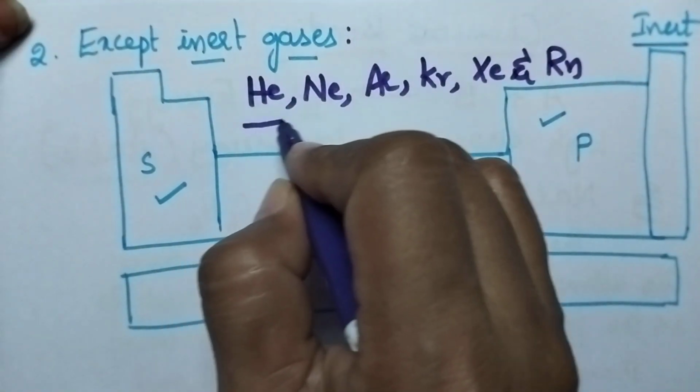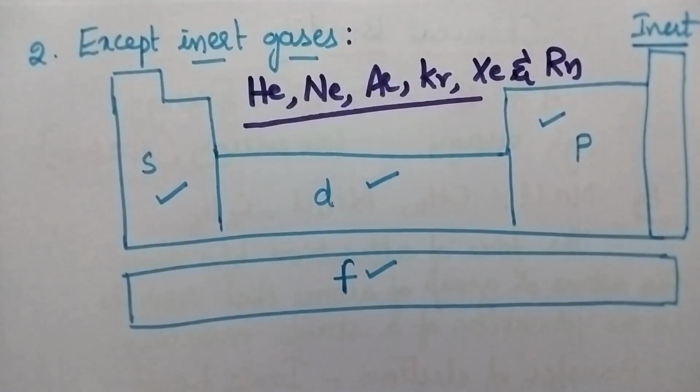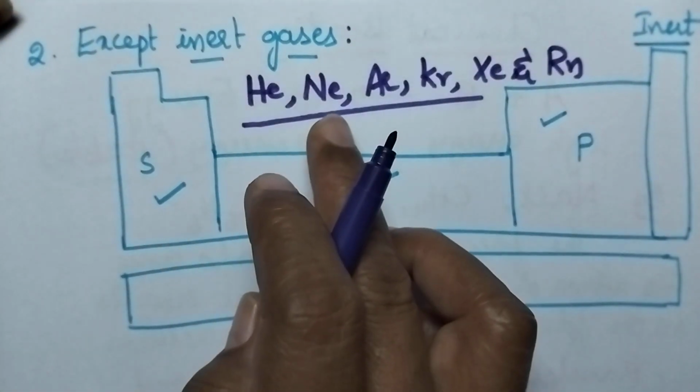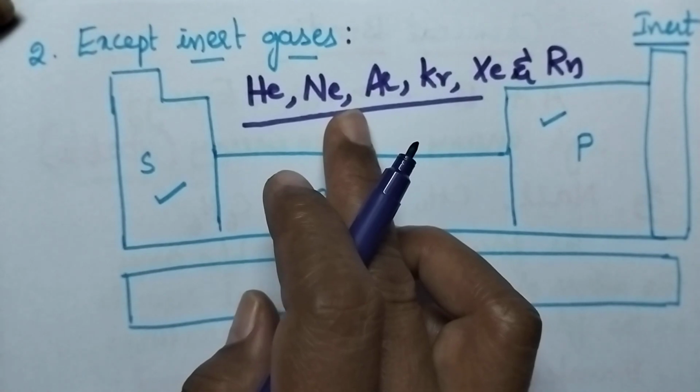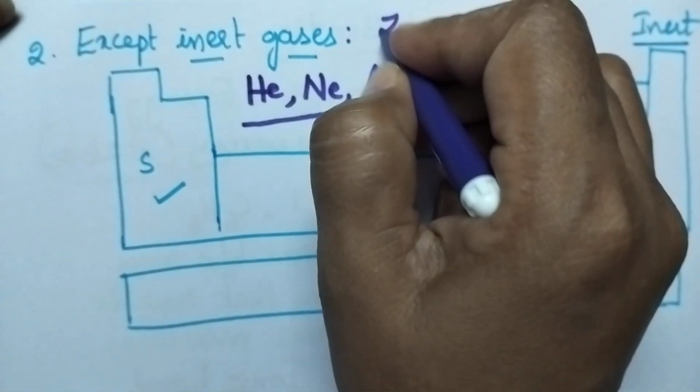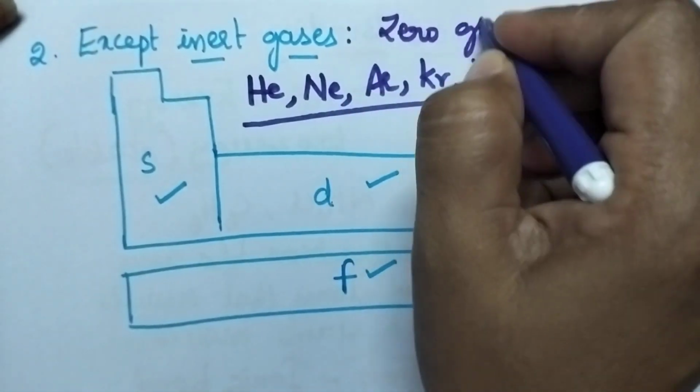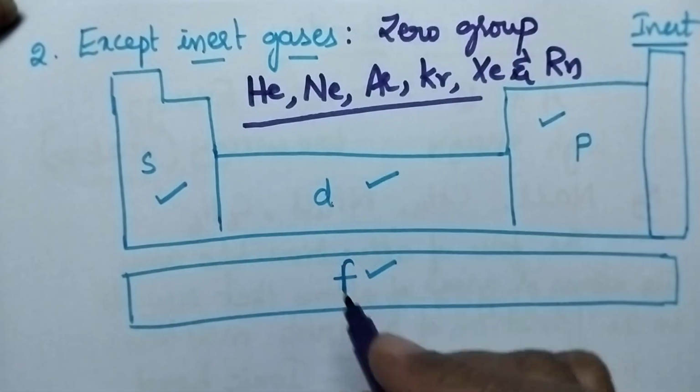These elements are called inert gases. They do not participate in chemical bonding. So why do they not participate in chemical bonding? These inert gas elements are also called zero group elements.